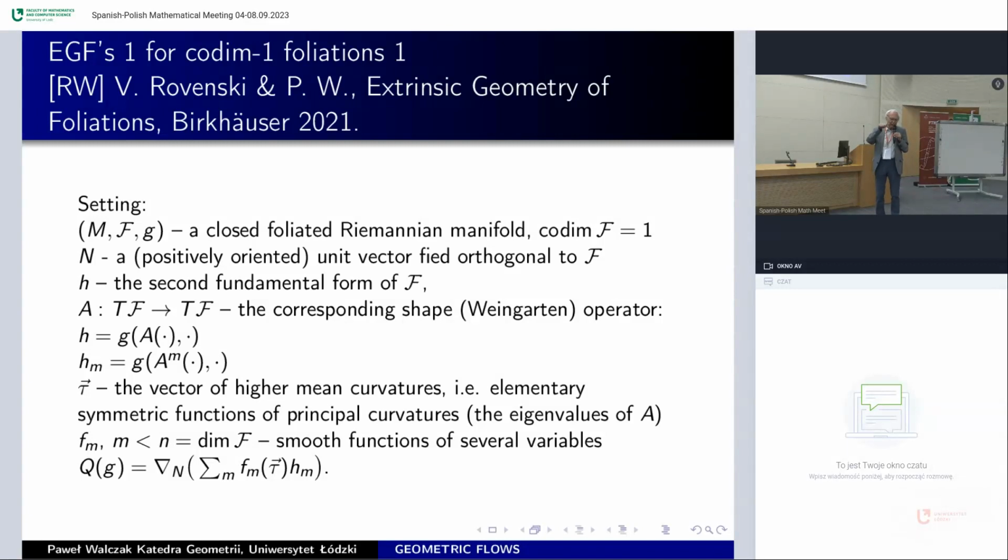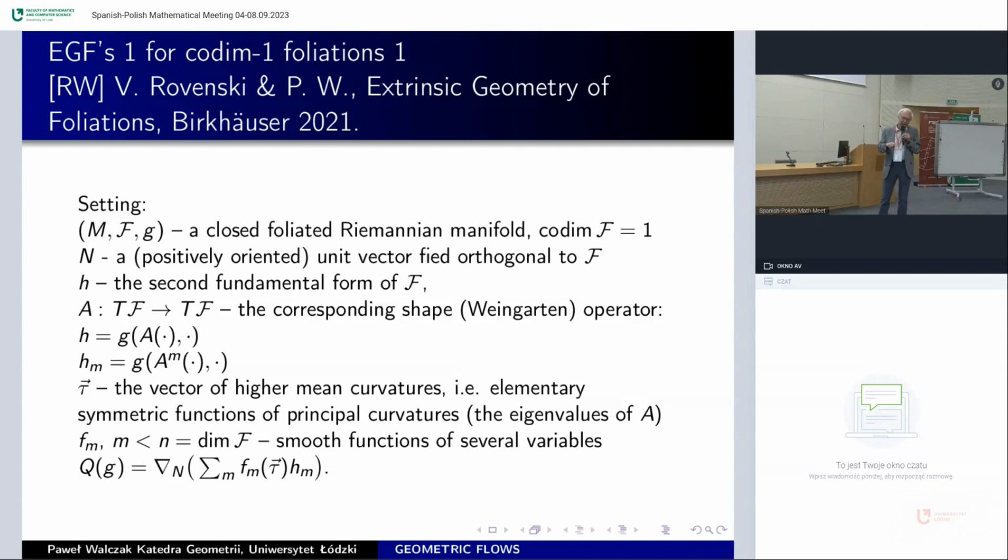So we can define the power A^n, and then we can define also the corresponding symmetric form H_n. Then we can consider the vector of higher mean curvatures, that is, elementary symmetric functions of the principal curvatures of the leaves.